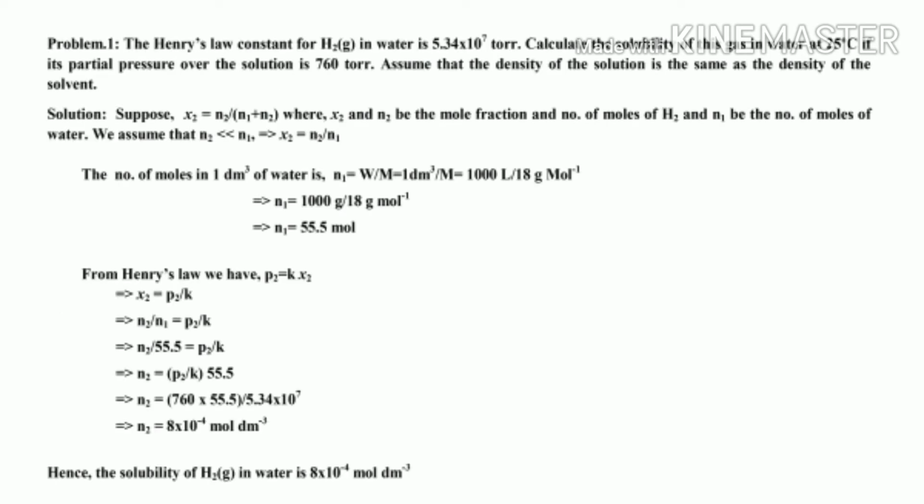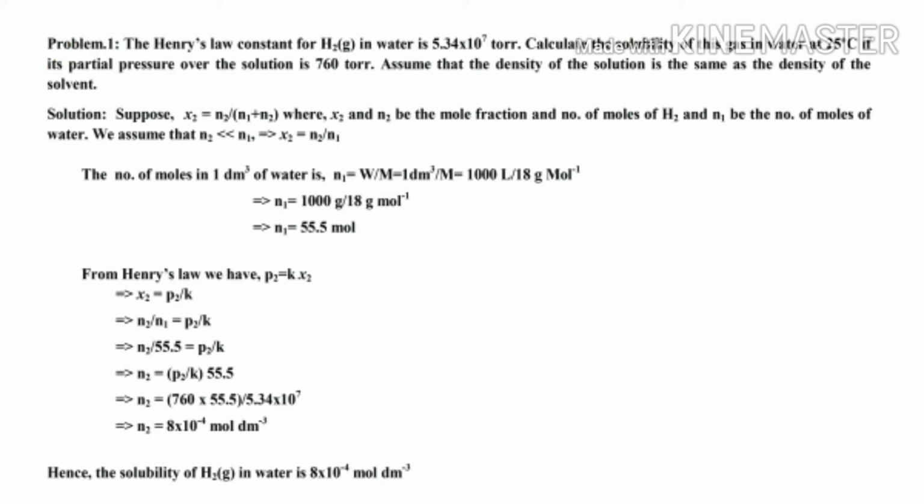Now let us solve a numerical problem. The Henry's law constant for hydrogen gas in water is 5.34 into 10 to the power 7 torr. Calculate the solubility of this gas at 25 degrees centigrade if its partial pressure over the solution is 760 torr. Assume that the density of the solution is the same as the density of the solvent.